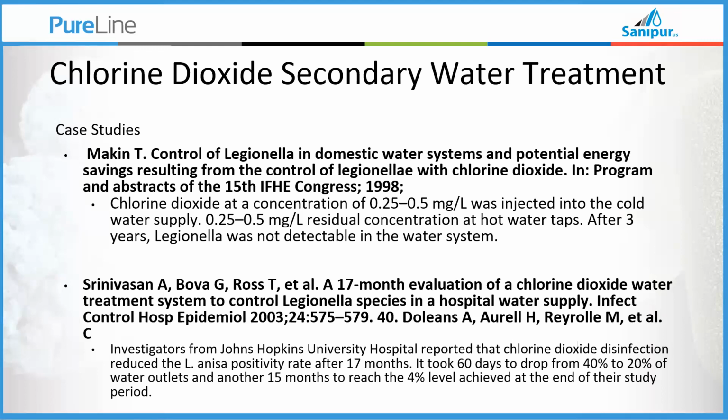It was an issue. In the first case, after 3 years of treatment, Legionella wasn't detectable in the water system anymore. In the second one, which is a Johns Hopkins study, initial reductions were good but not fantastic. But over the period of 17 months, levels were dropped by over 90%, and then remained low throughout the remaining time.